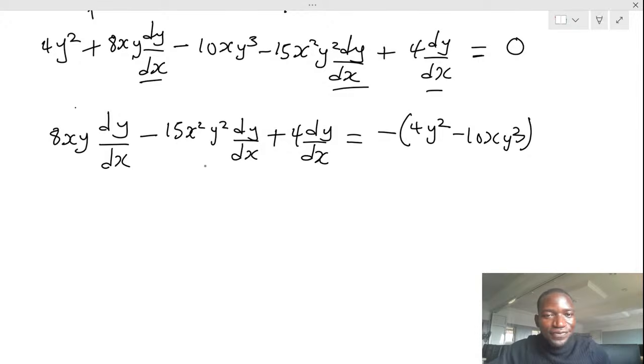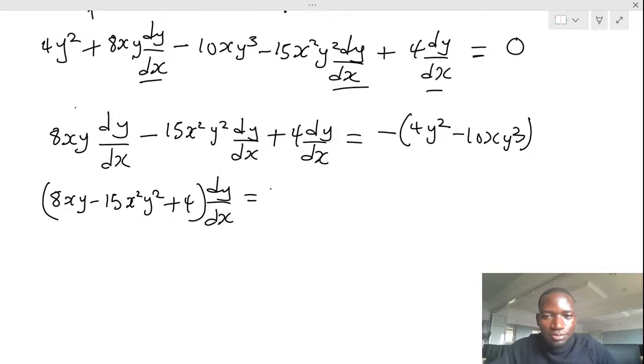Okay, now the next thing is to factorize your dy by the x at the left hand side. So we're going to have 8xy minus 15x squared y squared plus 4. If you factorize that, you're going to have dy by the x to be equal to minus, open a bracket, 4y squared minus 10xy cube. Then at this point, divide through by the coefficient of dy by the x.